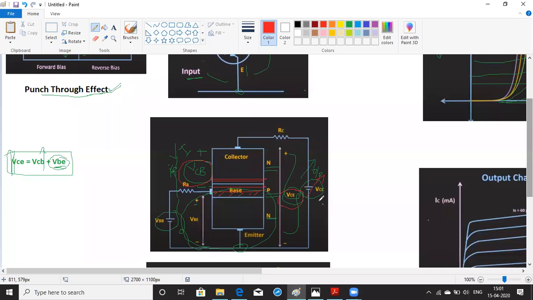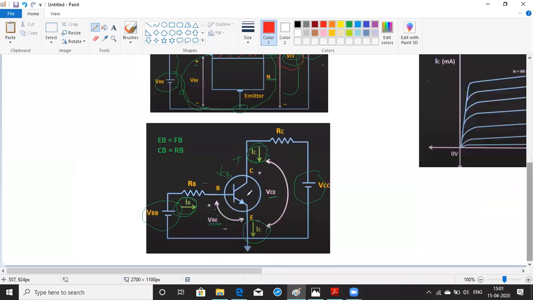Whenever you are increasing the VCE, the width of the collector base junction will increase. Therefore, it makes the base width narrow, and whenever it is getting narrow, what happens to this base current? This base current will decrease.